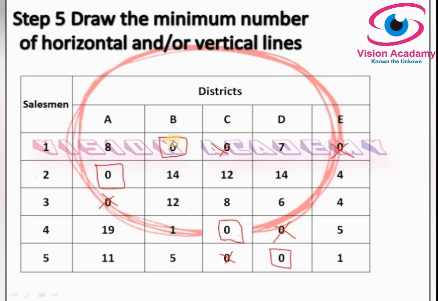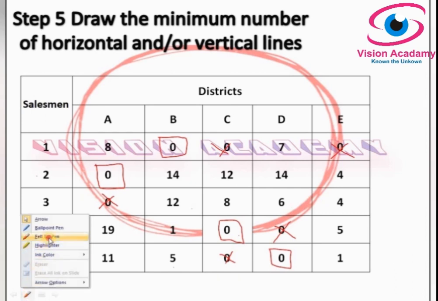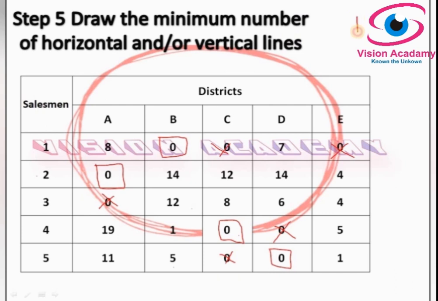Since we are unable to find an optimal assignment in step number 4, we move further to step number 5. In step number 5, you have to complete steps 5.1, 5.2, 5.3 and 5.4.